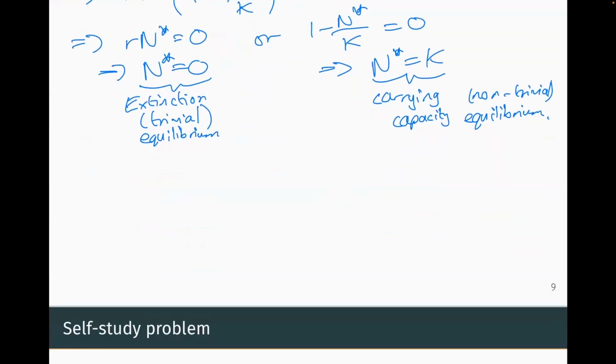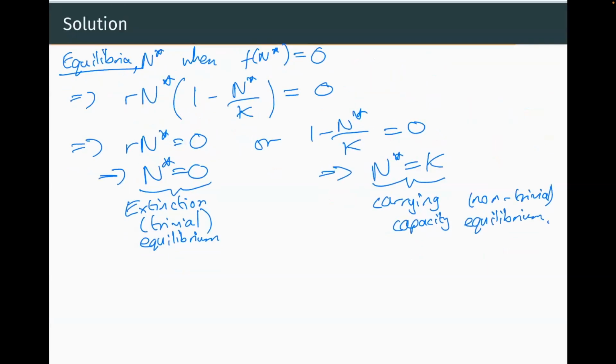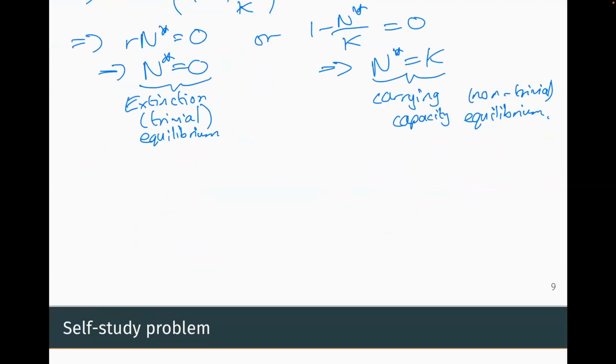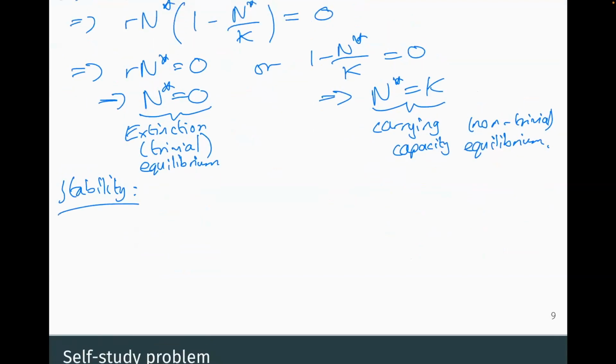Okay, so that's the equilibria, and then let's think about our stability. So someone remind me, what's the first thing I need to do to find stability of these equilibria? Yeah, take the derivative. So find f prime of n, which is going to be r times 1 minus 2n over k.